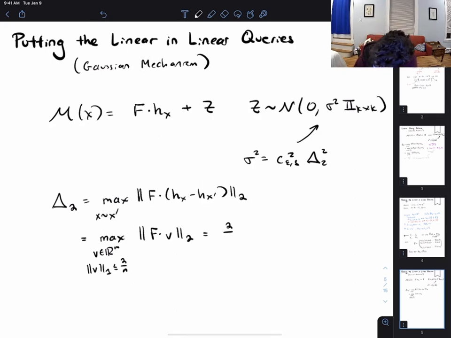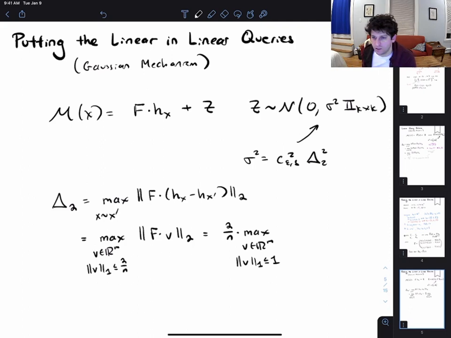And this is, by renormalization, 2 over n times the max of v in R^m, such that the L1 norm is at most 1. In fact, I can even make it equal to 1. It doesn't really matter. Again, of f dot v. Okay, so I just renormalized. I made v bigger and I divided by 2 over n. So, good.